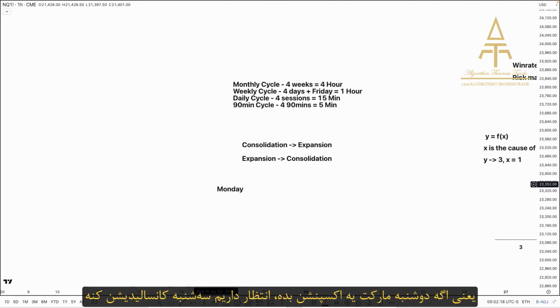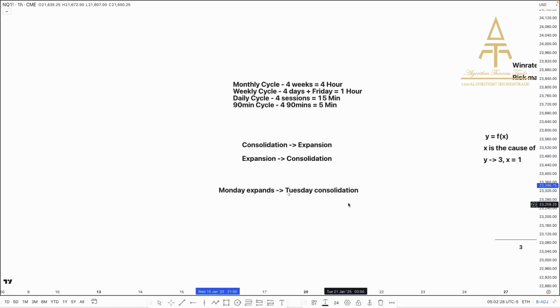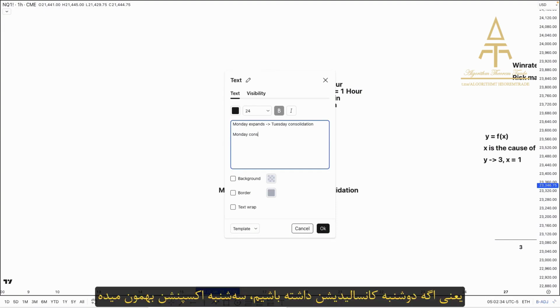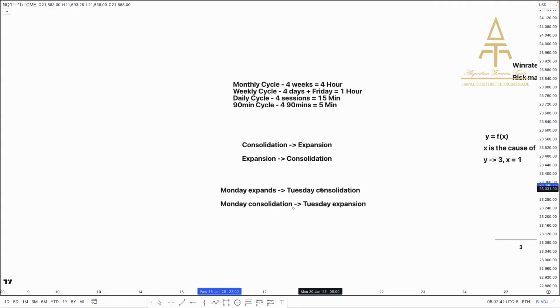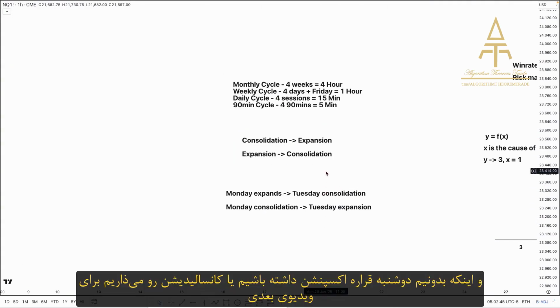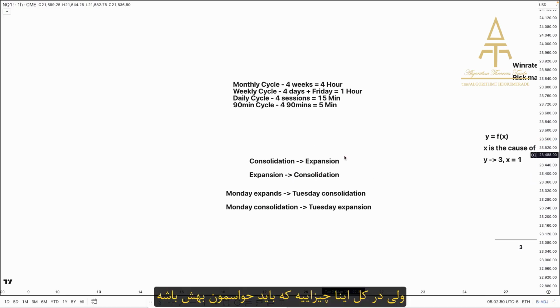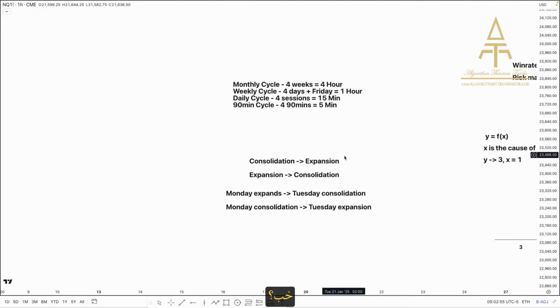So if Monday expands, we'll be anticipating a Tuesday consolidation. And once again, vice versa. So a Monday consolidation will give us a Tuesday expansion. And whether Monday will expand to consolidate is something we will go into the next video. But in general, these are the things you'll be paying attention to. Okay?